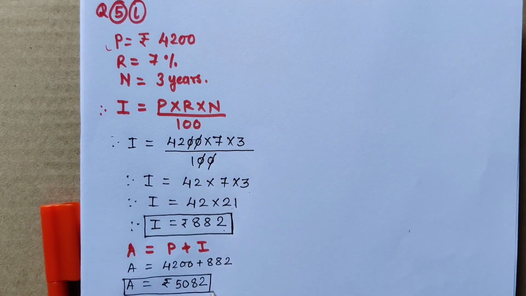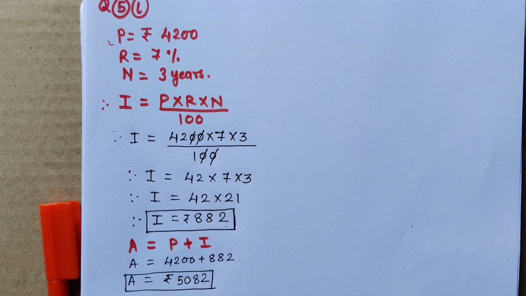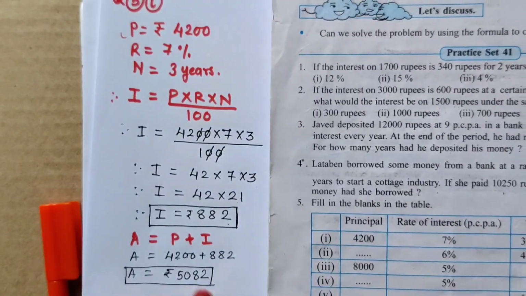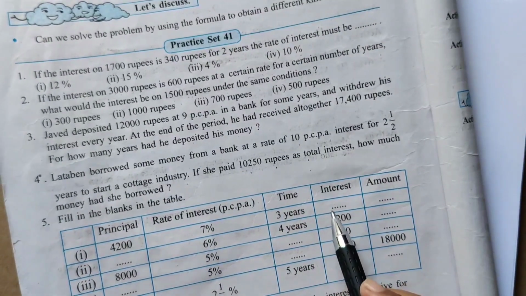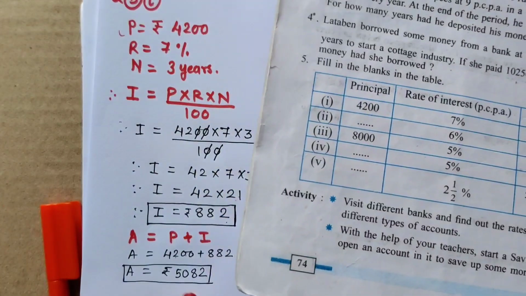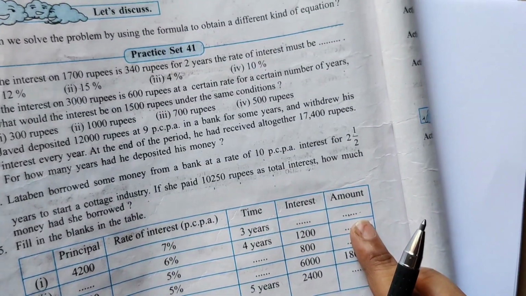So these two answers we will fill in the blanks in the table. You have to write the table in your notebook, and in this table you can fill in the blanks. As we have got the answer for I is 882, here you can write 882 rupees, and amount we have got 5,082. So in amount we will be writing 5,082.